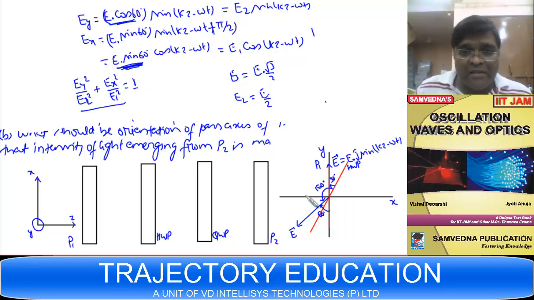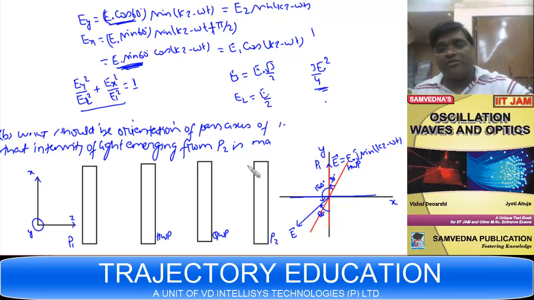So if you put your pass axis along X, you will be getting the X vibration, with intensity 3 by 4 E naught square. So you should put the pass axis of P2 along X, that is perpendicular to the pass axis of P1, then you will get the maximum intensity. So this is how you can solve this problem.